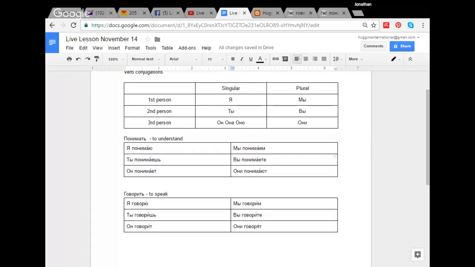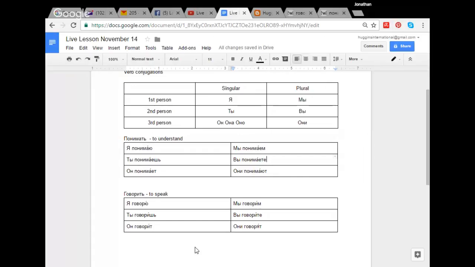And pay attention, говорю, it's one sound, just R became soft. And говорят. Они говорят. Okay, yeah, these are still things I need to work on.